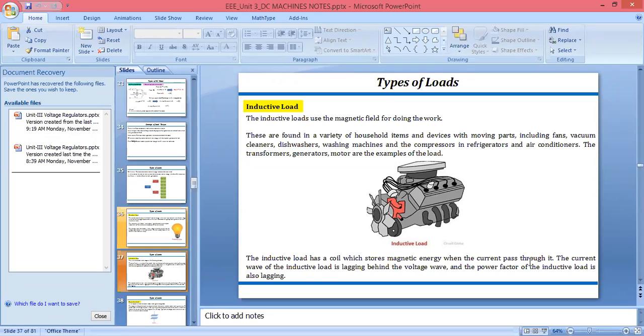The power factor of the inductive load will also have a lag value with respect to the input, because when we use an inductor, an inductive device, as a load, the current lags behind the voltage. So power factor will also be lagging.